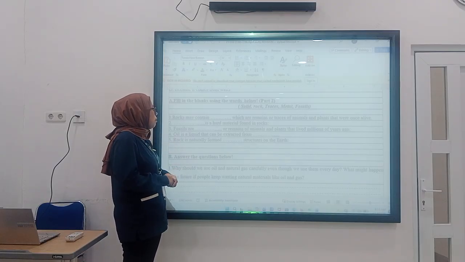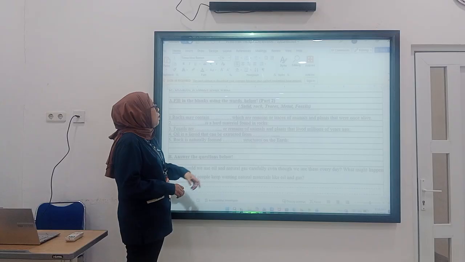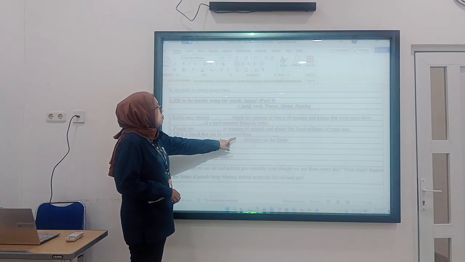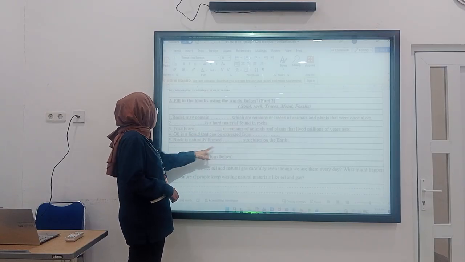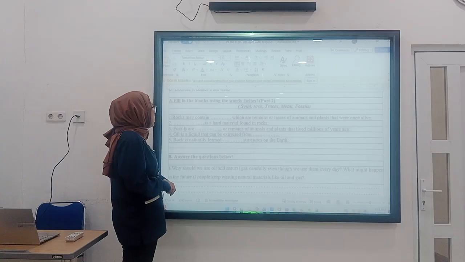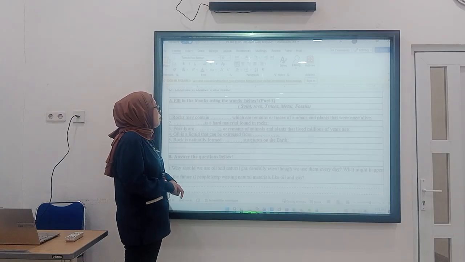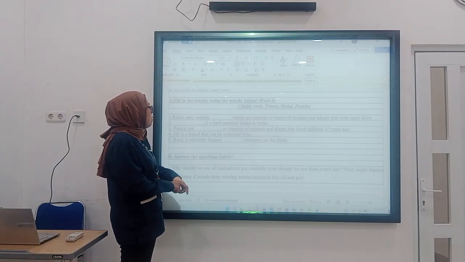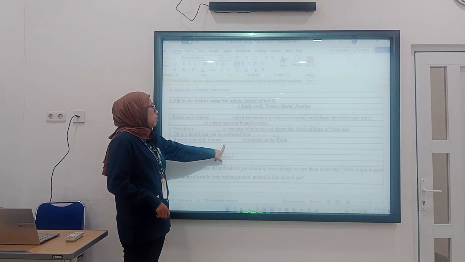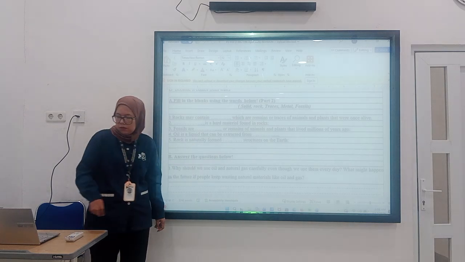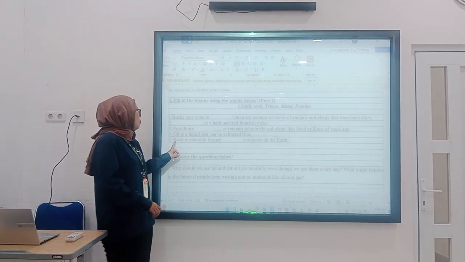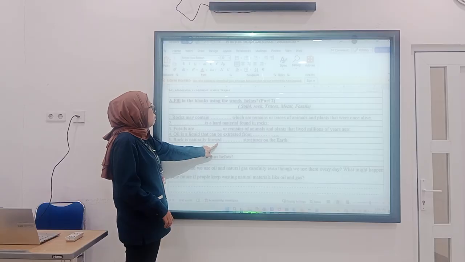Oil is a liquid that can be extracted from rock. Number 5, rock is naturally formed from fossil structure on Earth.